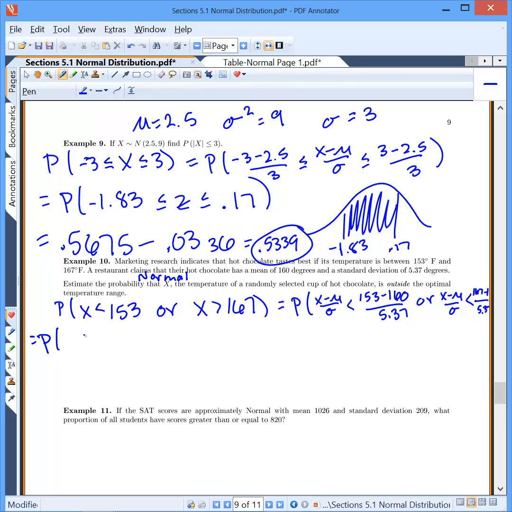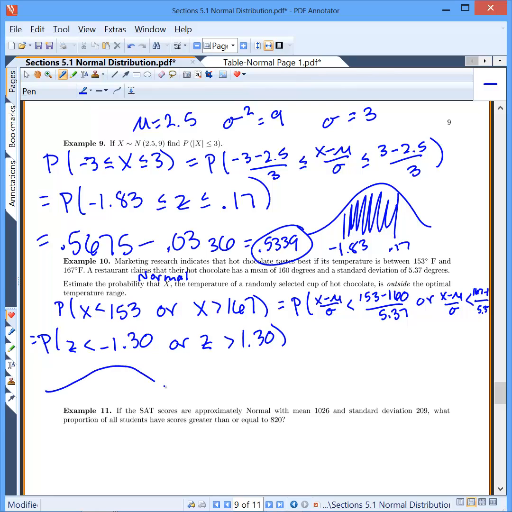So this gives me the probability that z is less than negative 1.30 or z is greater than 1.30.